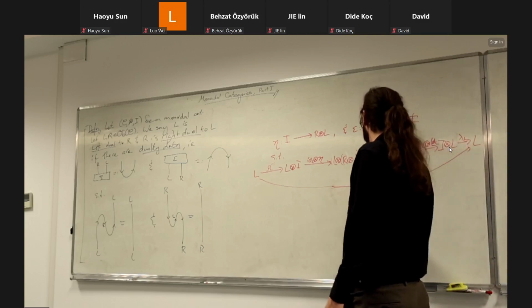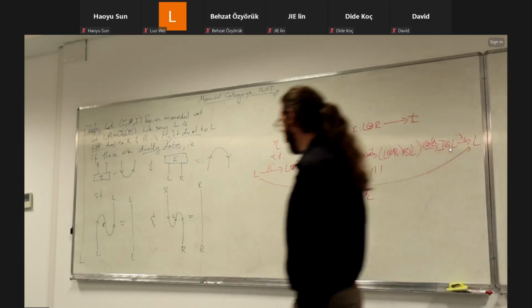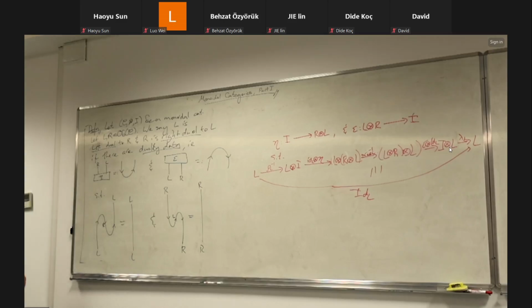And this has to be the identity on L. It's much nicer to draw this picture than to write that down. I'm not going to write the second one down for precisely that reason.